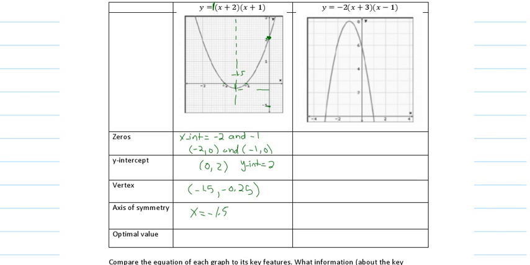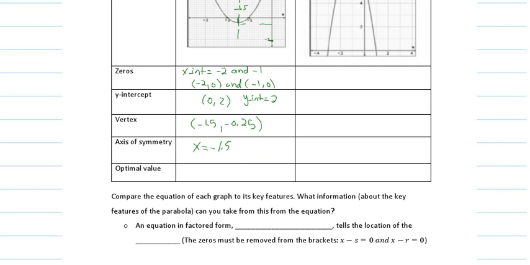Negative 0.25. That's the y value of your vertex, so y equals negative 0.25. Can you tell me if it's a max or a min? It's a min, because if you look at it right here, that's the minimum value that you can have. Everything else is higher than it.